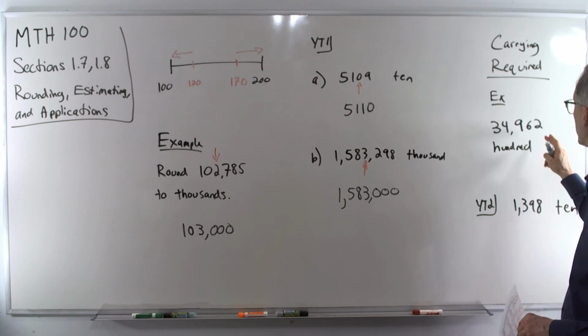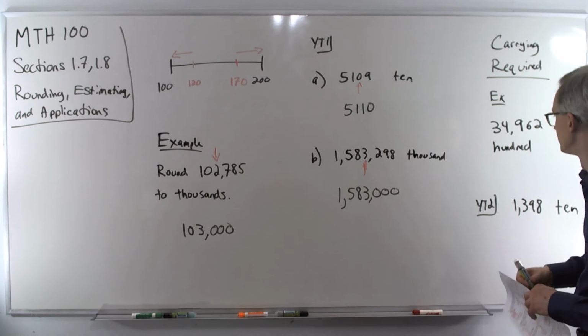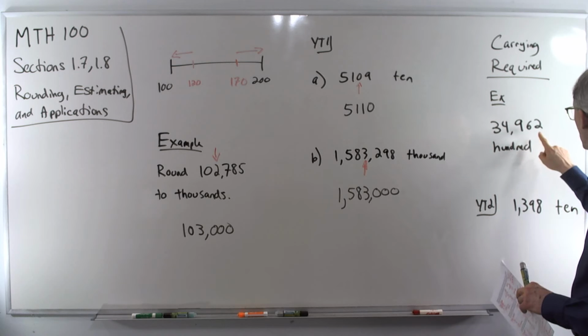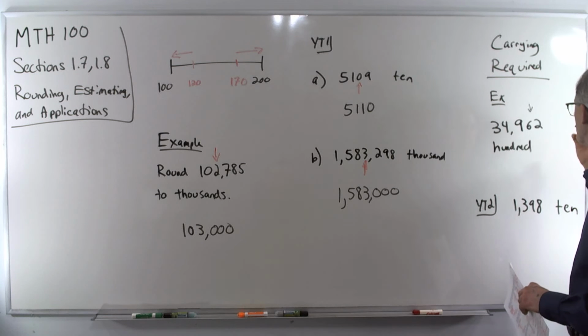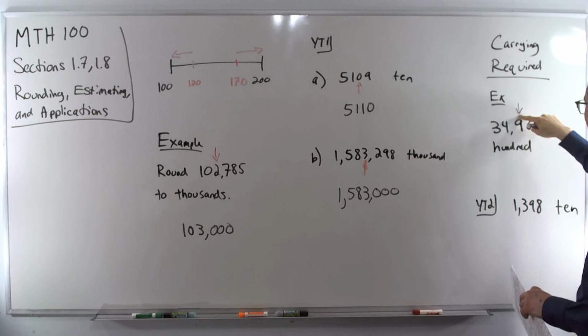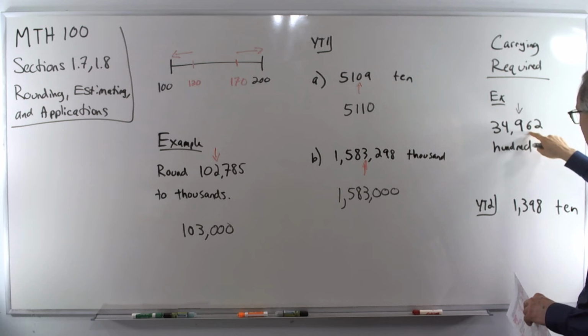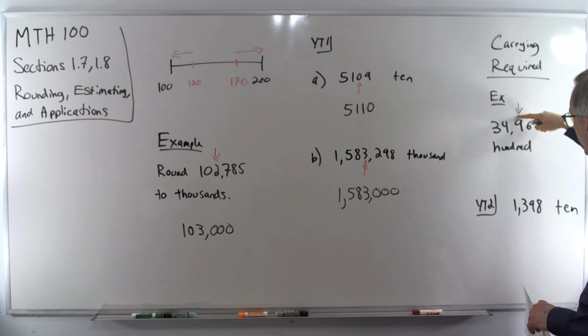Now there are times when carrying will be required, just like when we're adding. We're going to round this one to the nearest 100. Oops, the rounding place is the 9, and we look to the 6 to decide what to do. 6 is 5 or greater, so we need to add 1 here.